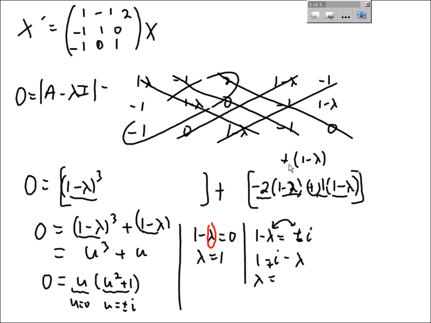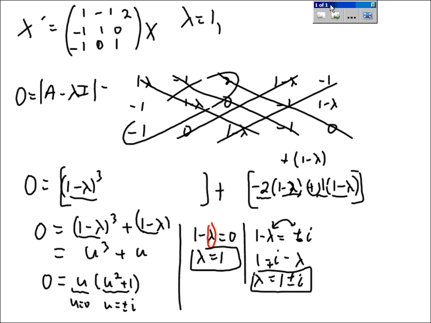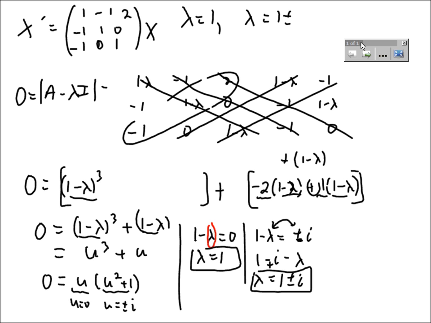So instead of minus plus, we'll write plus minus anyways. So we have 3 roots. One real root, 0, of multiplicity 1, and another 2 roots, 1 plus or minus 1i.